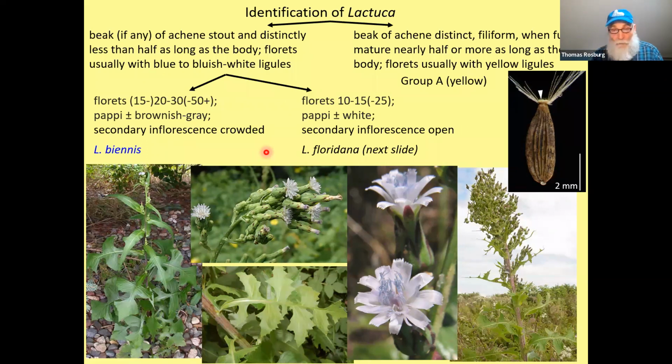Looking at the key, in order for me to get to Cichorium, which is chicory, I have to say that the pappus is absent, or it's formed only of scales. The pappus does not have those long thread-like capillary bristles that we see right here.